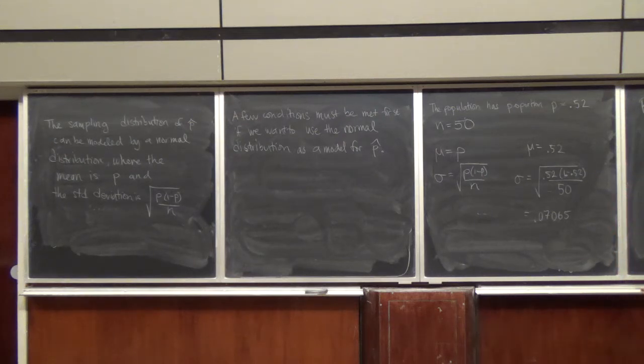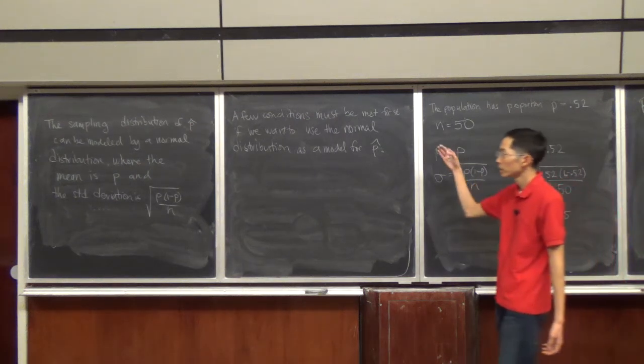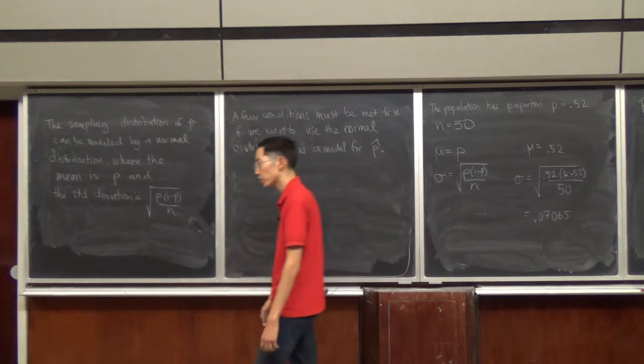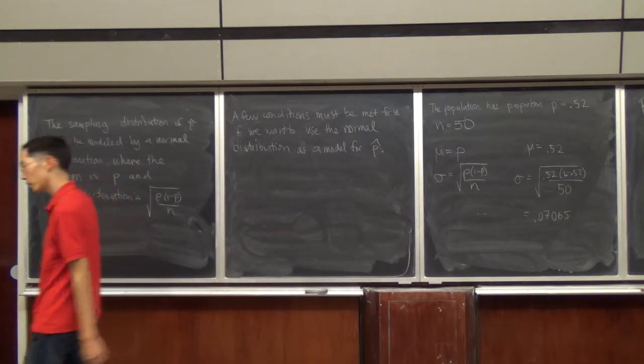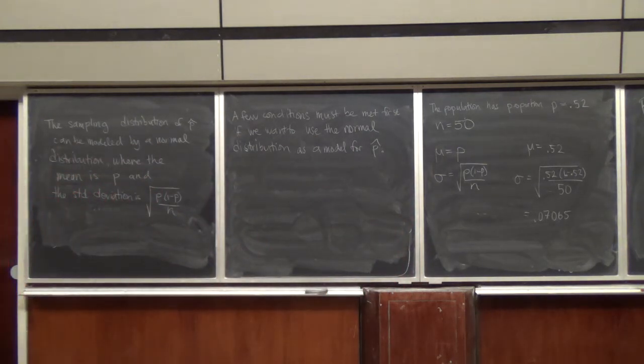Because if these conditions aren't met, then using the normal distribution does not do a good job of telling us what p hat is really like, because the true distribution for p hat is different. But a lot of times these conditions are met, and when they are, the normal distribution and the distribution for p hat are very, very similar. So it's easy to use the normal distribution.